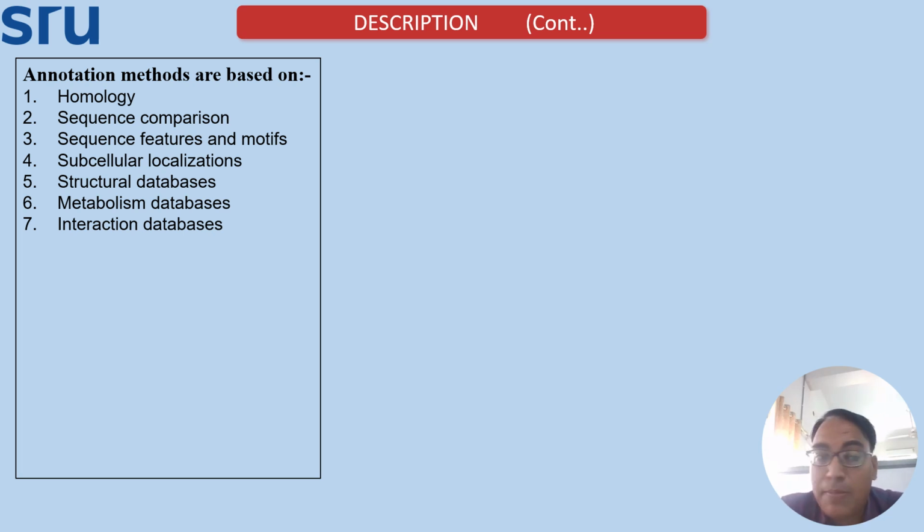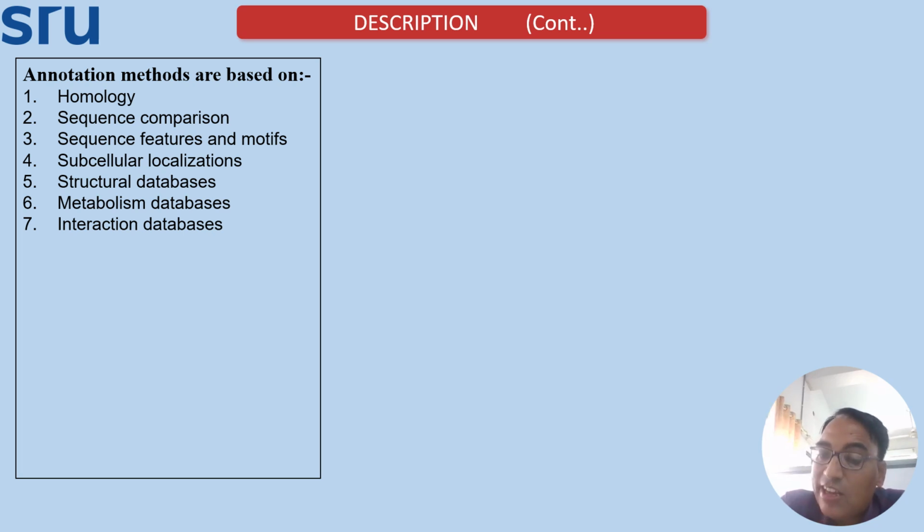Structural databases. Many times, all these features do not work and the protein is still something new. Then what to do? We consider the protein structural database. Okay, a similar sequence is not there for this gene or protein, but does a similar protein structure exist in the protein structure database (PDB)?